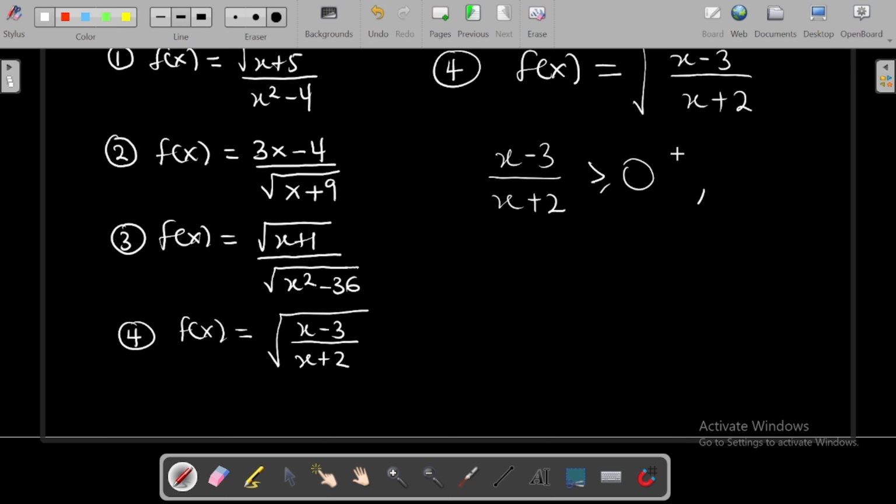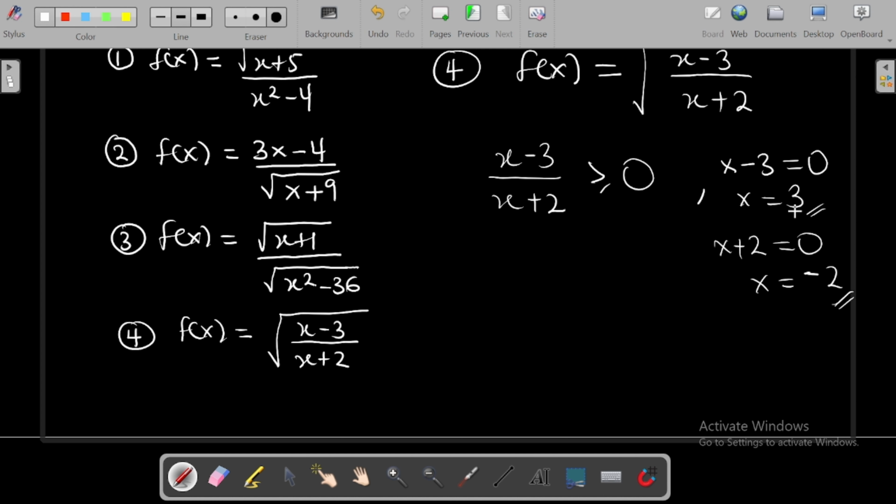To solve them, first of all, you take each of the expressions, so x minus 3, and you equate to 0. Now x will be equal to 3. You also take x plus 2 and equate to 0, and you get x equal to -2.